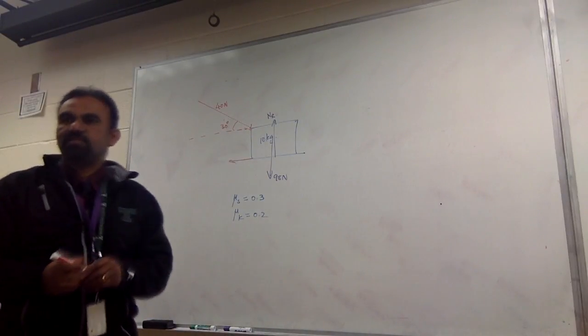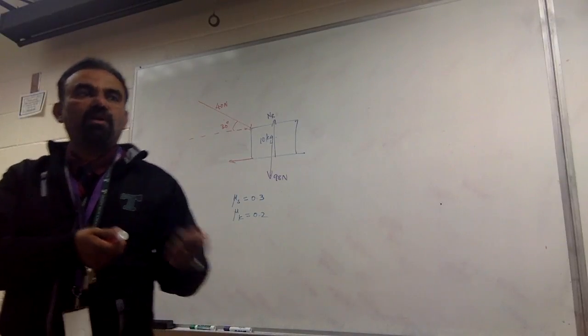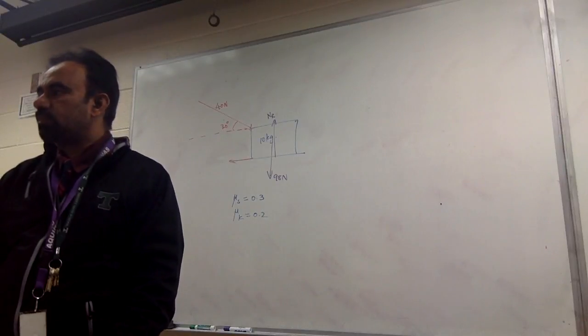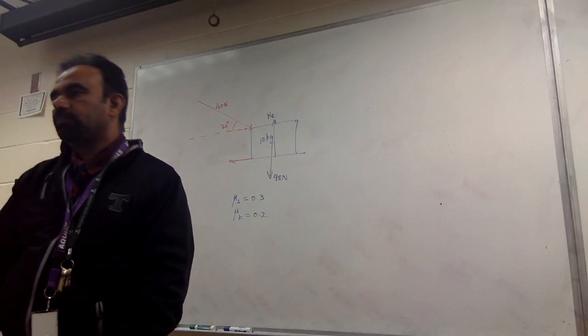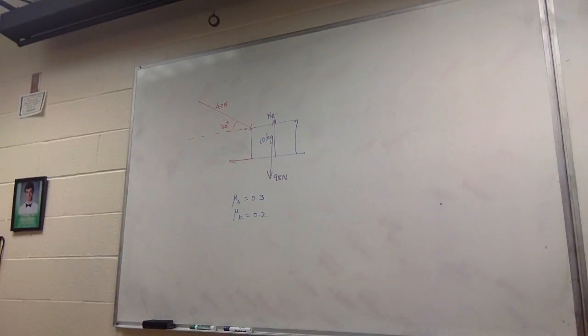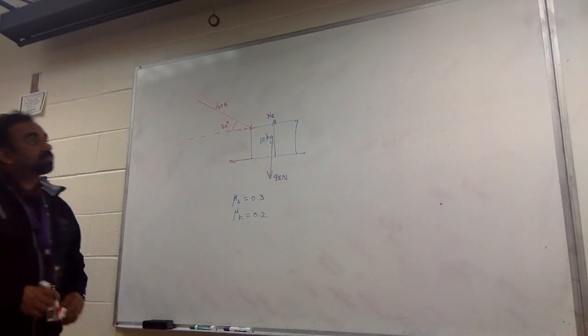Will it make a difference? Instead of pulling the box, if you just push the box at the same angle, is it the same or different? Like imagine this box. I'm pulling it like this, or I'm pushing it like that. Let's find out.